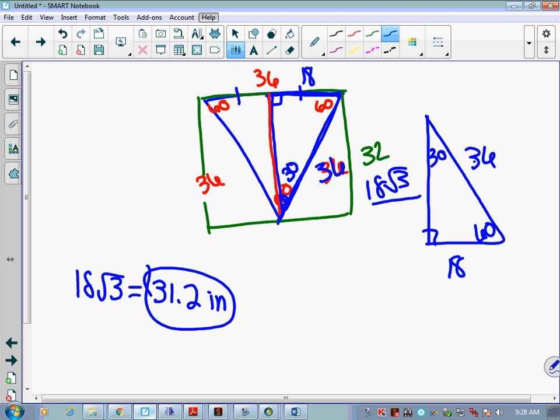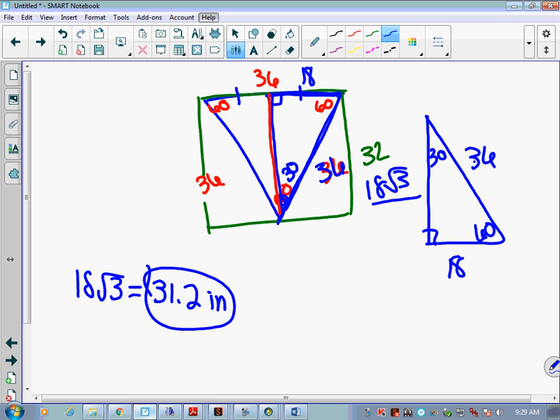You would not have been wrong if you had done the Pythagorean theorem, so long as you set it up right, you're getting 18 squared plus b squared equals 36 squared. You're still going to get 31.2 inches, but I just want you to see this is actually quicker than using the Pythagorean theorem, okay? And that's what math really does, is that yes, we can solve questions the old way, but the more that we learn, the quicker we can solve these questions.